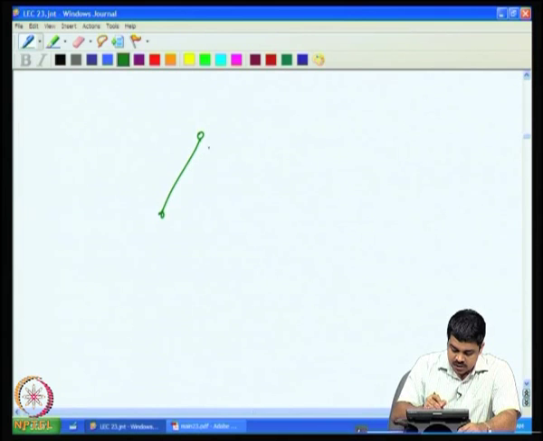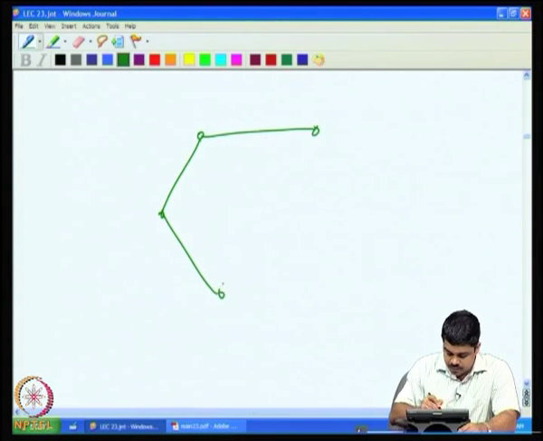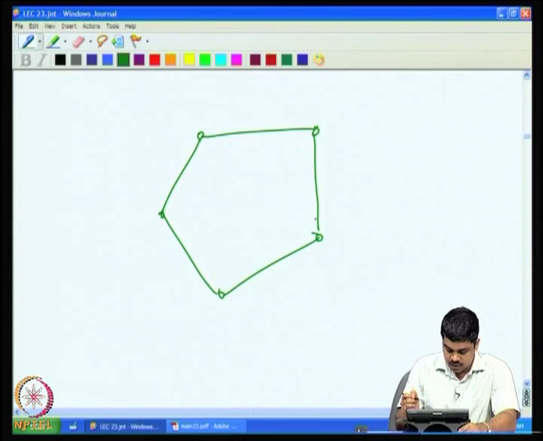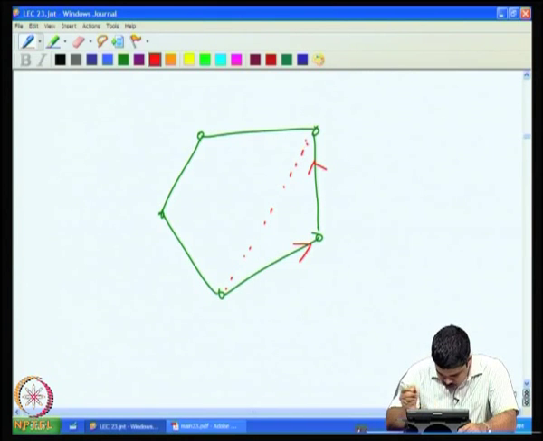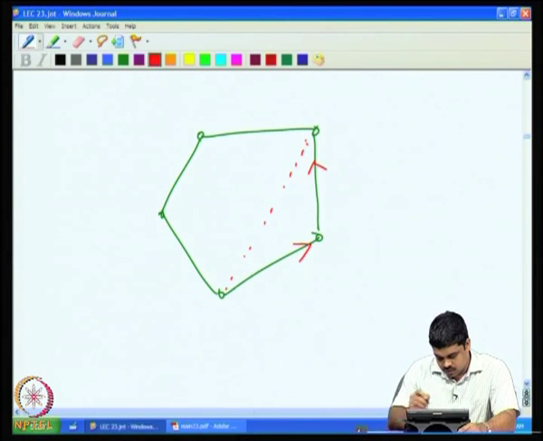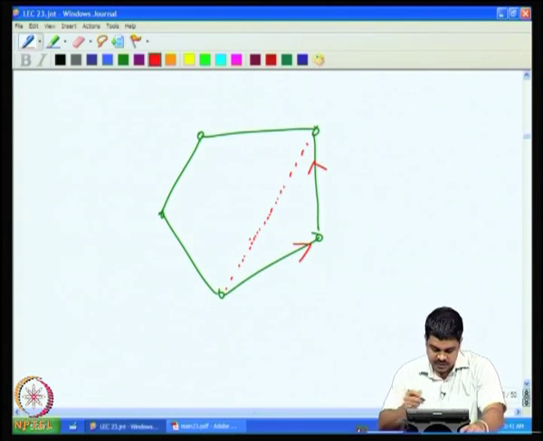For instance, suppose you look at this graph, 1 2 3 4 5. Now, suppose I take this direction for this arrow. Naturally, as I mentioned, you cannot give this direction now, because look here, this edge is not there.